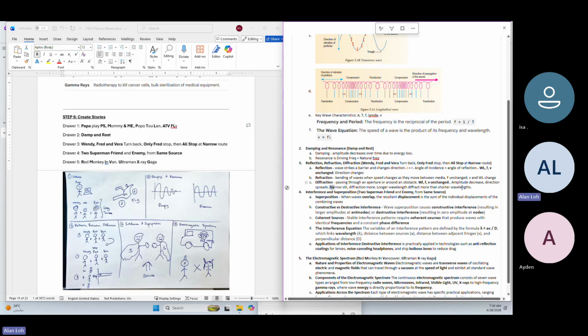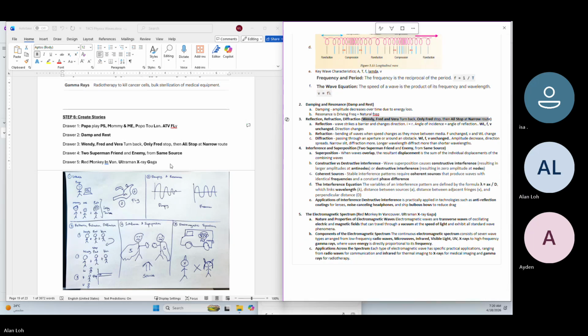It spreads, or it diffracts more when the slit is narrow. Okay? It diffracts more when the slit is narrow. So that is the story to help you remember the content of drawer number 3. Reflection, refraction, and diffraction.